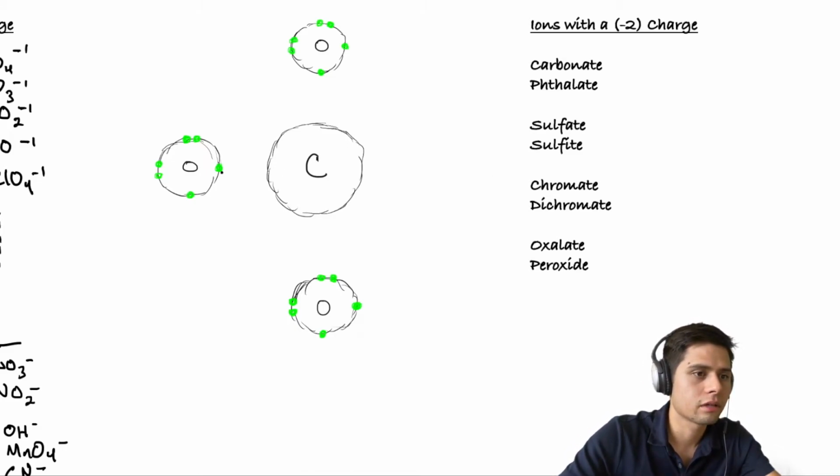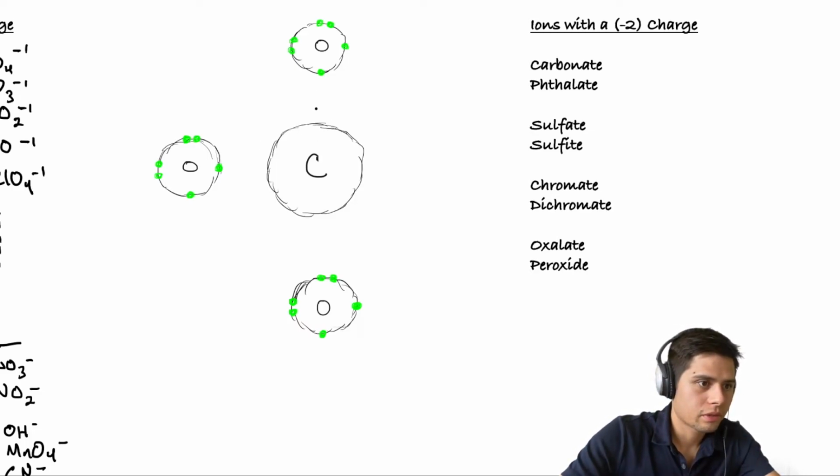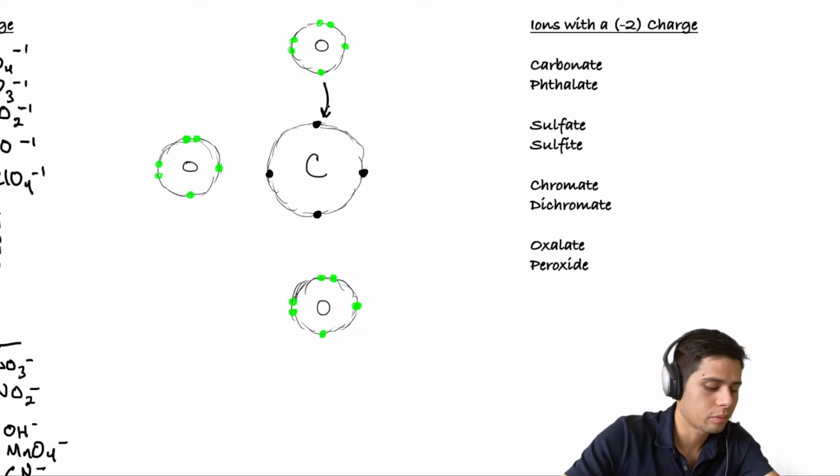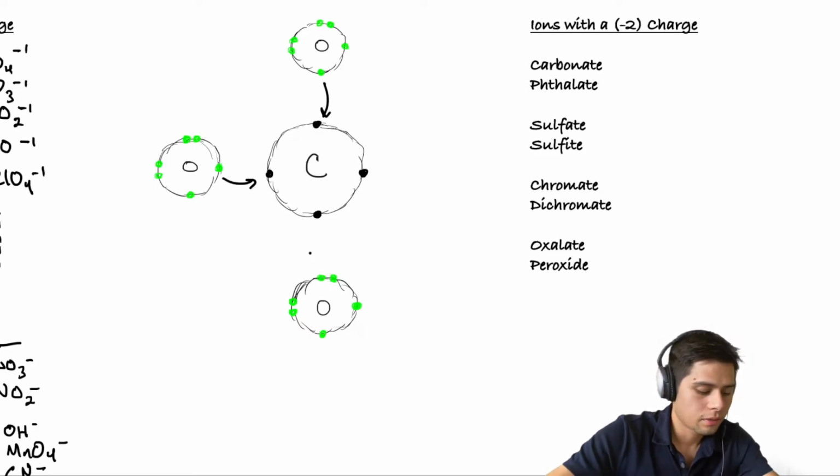So this carbon here, I accidentally didn't put the electrons in here. I'll make them black. These are the electrons surrounding the carbon. This can pair up with this one, this can pair up, and these can pair up with those guys right there, like that. And what do we have left?